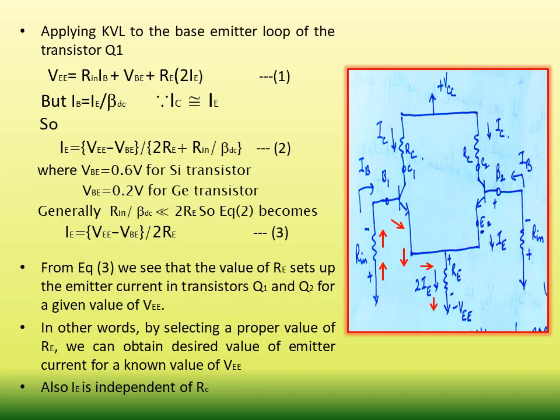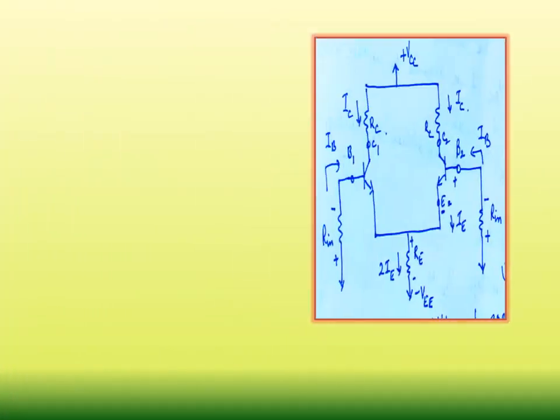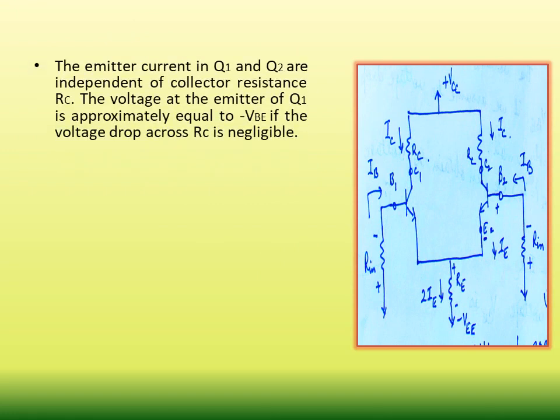Now we will calculate VCEQ. For this we will take a loop which includes collector and emitter. Again drawing the same DC equivalent circuit, the emitter currents in Q1 and Q2 are independent of collector resistance RC.